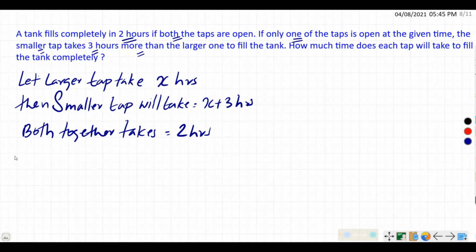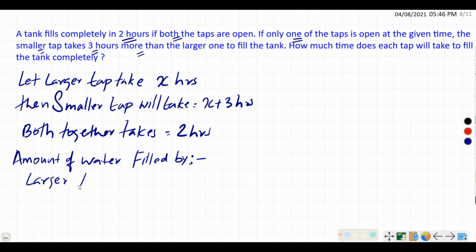More than that, we have an idea about how this process happens. If it takes X hours, it fills 1 upon X part of the tank in 1 hour. That means the amount of water filled in 1 hour by the larger tap will be equal to 1 upon X part of the tank. Correct?